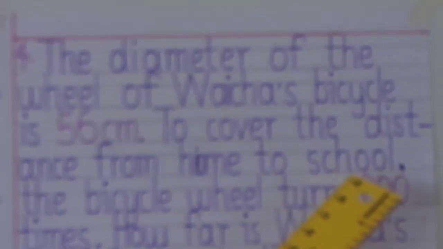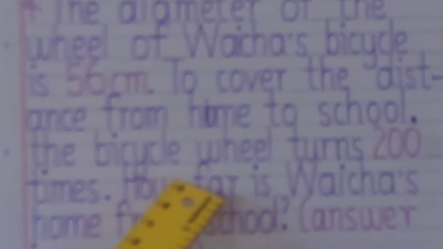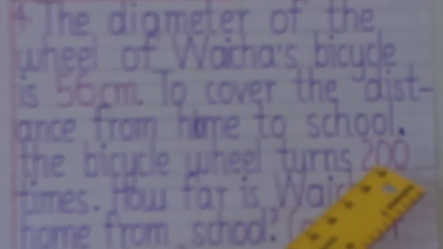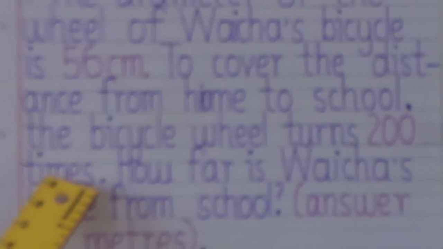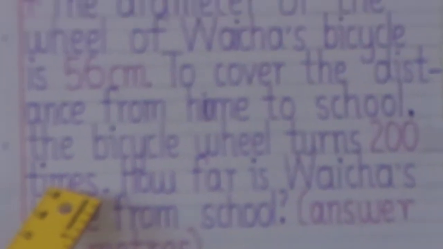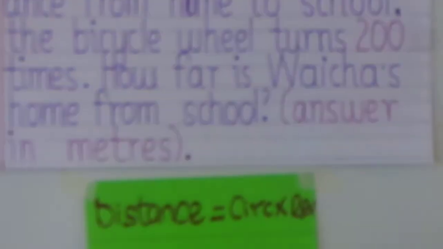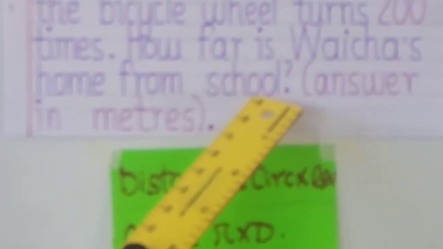The diameter of the wheel of Waiche's bicycle is 56 centimeters. To cover the distance from home to school, the bicycle wheel turns 200 times. It goes 1, 2, 3, 4, up to 200 times. How far is Waiche's home from school?